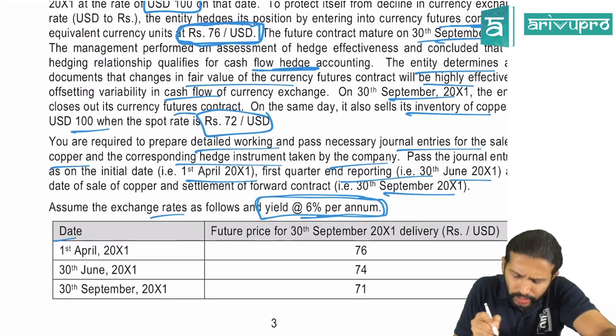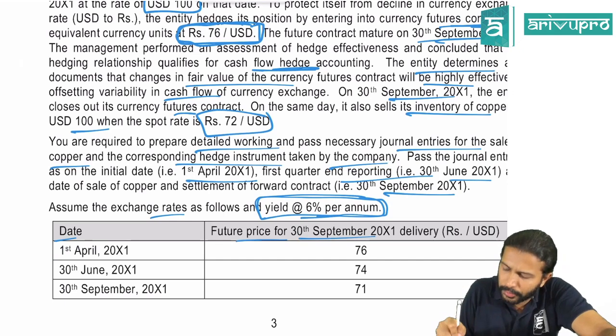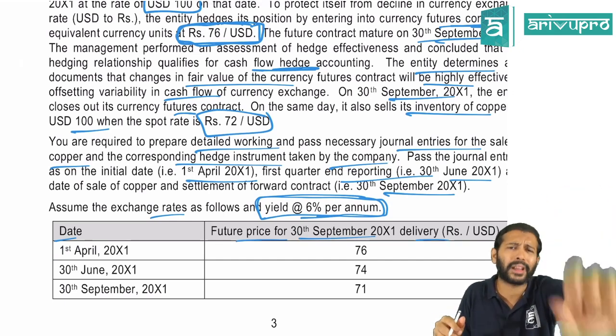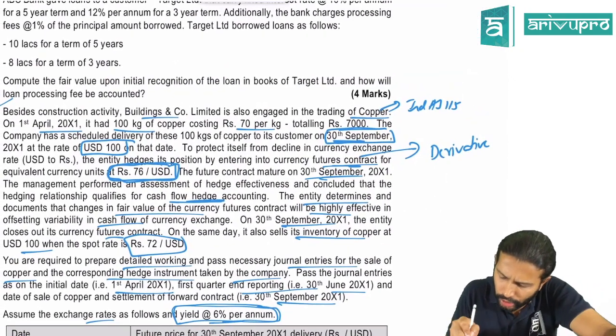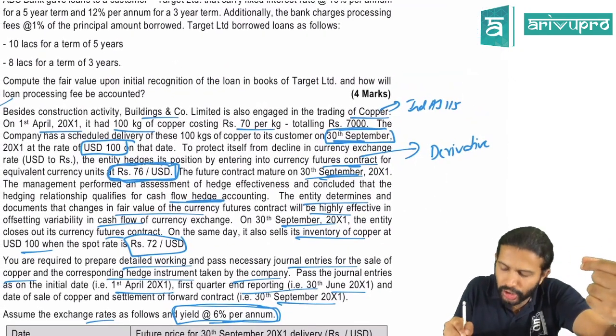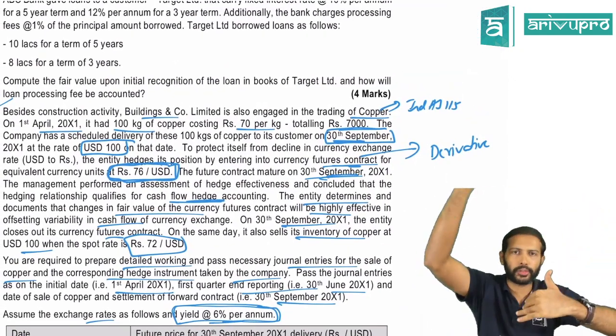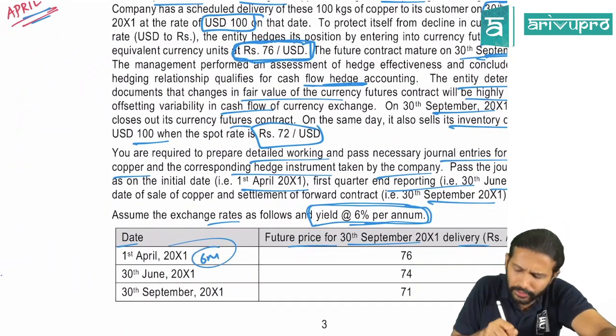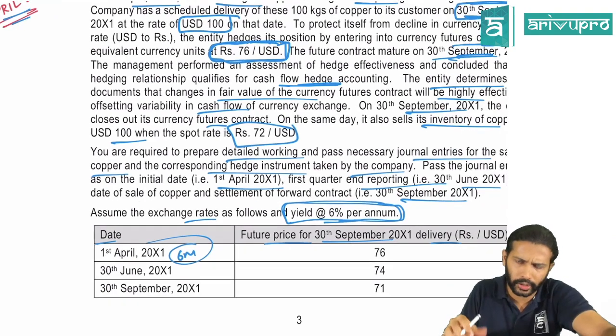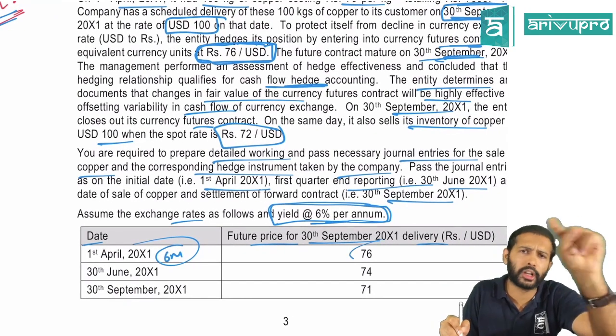Okay. So the date they have given is 1st April, and they've given the future price for 30th September delivery. So that future contract's price they've given. On 1st April, you've entered into a future contract, and it will mature on 30th September. If you count from April to 30th September, it is 6 months. So on 1st April, if you enter into a 6 months future contract, the rate you will get is $1 equals 76.